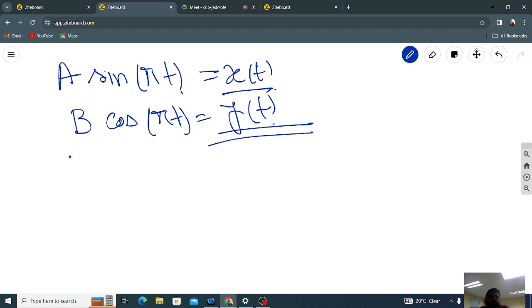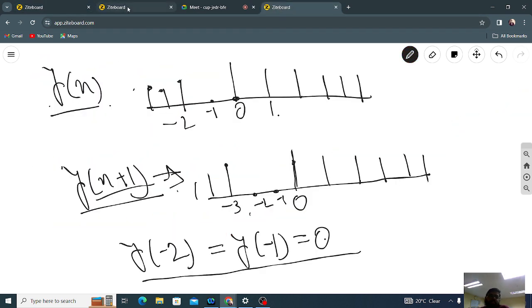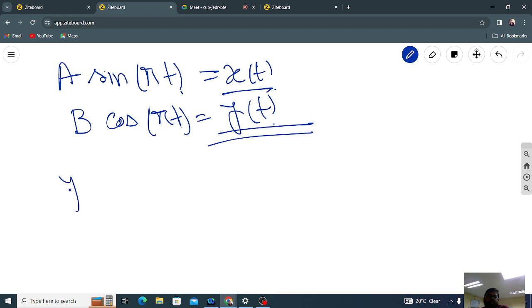So we have to find the relationship of y(t) in terms of x(t). So the relationship we need to find is that y of t is equal to what form of x of t.